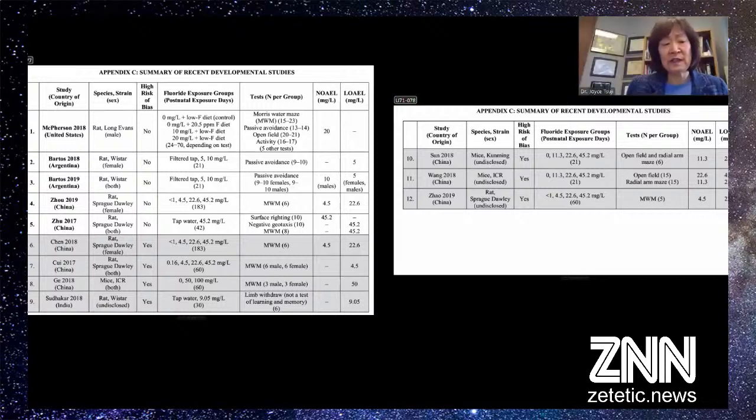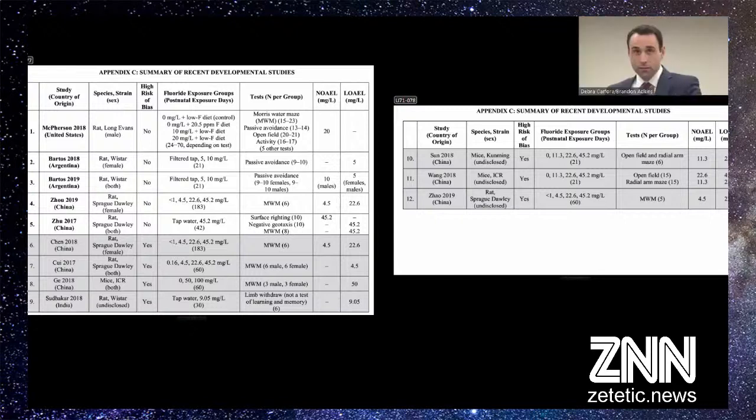She used all of these studies, I think with the exception of Zhu et al. 2017 because it had one dose. I'm sorry, I can't pronounce Chinese names. 2018, and Siddharkar, it's an Indian study, 2018, wasn't referenced.